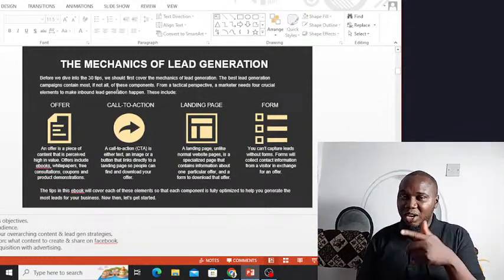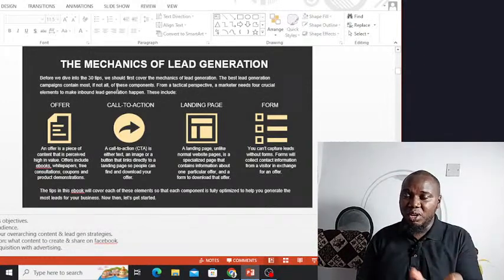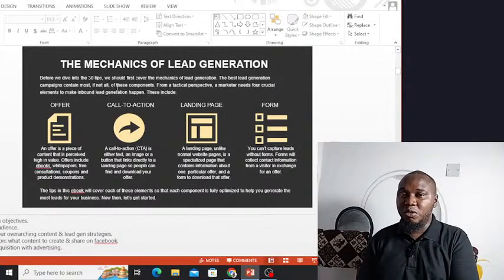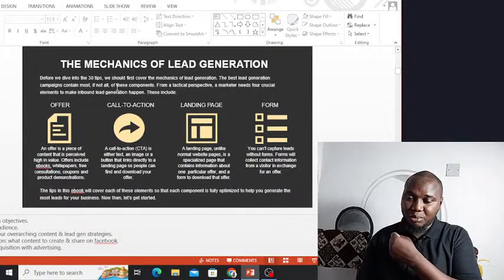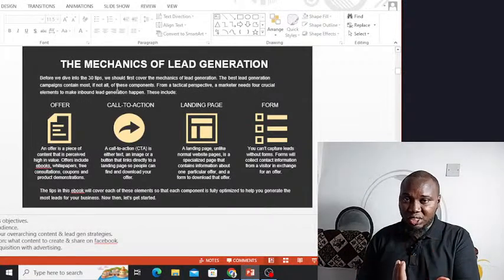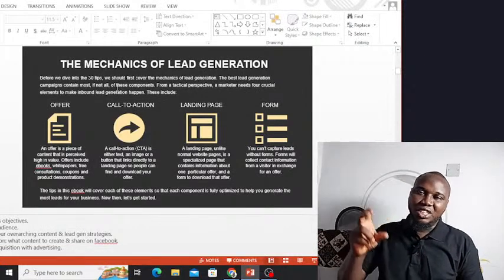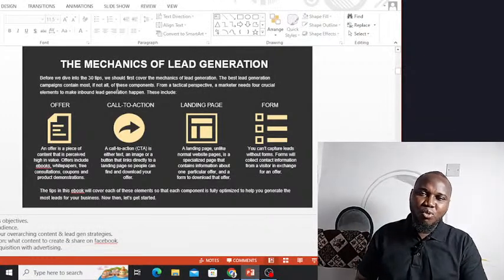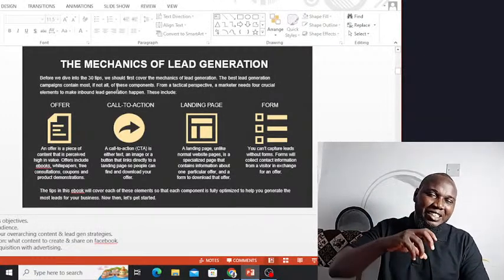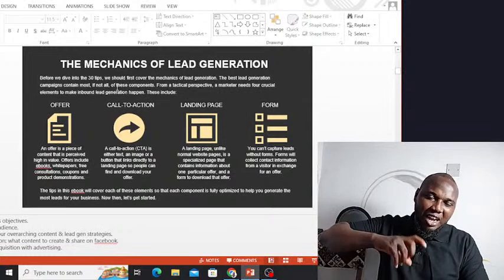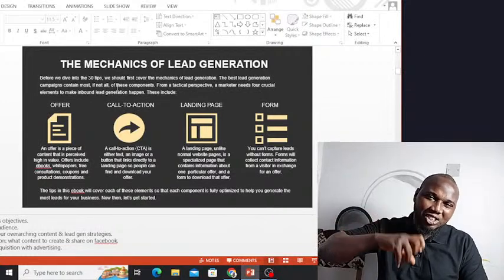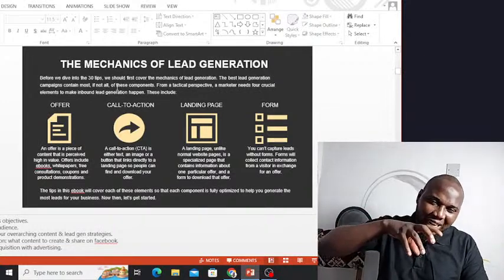Because then literally you have to type in your details, type in your email, in order for the form to capture your details, and you then get the offer. And this is where you generate people who are interested in the offer, and that implies that they are interested in something in that niche.